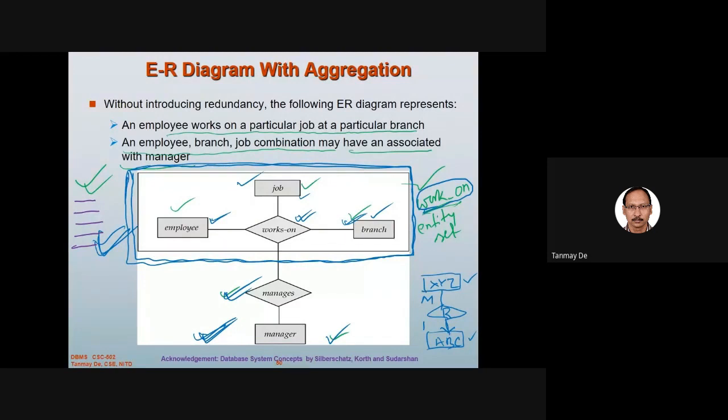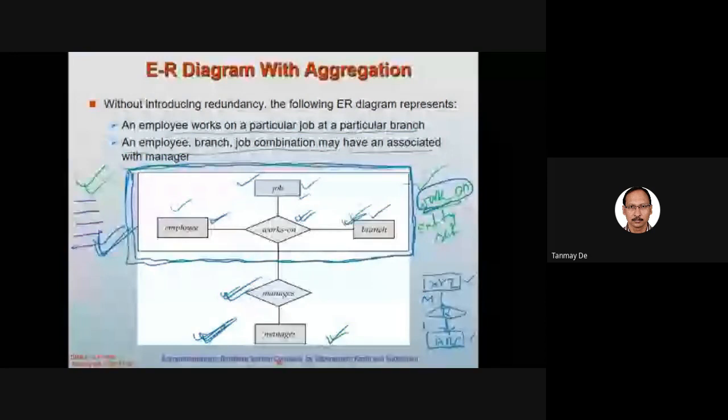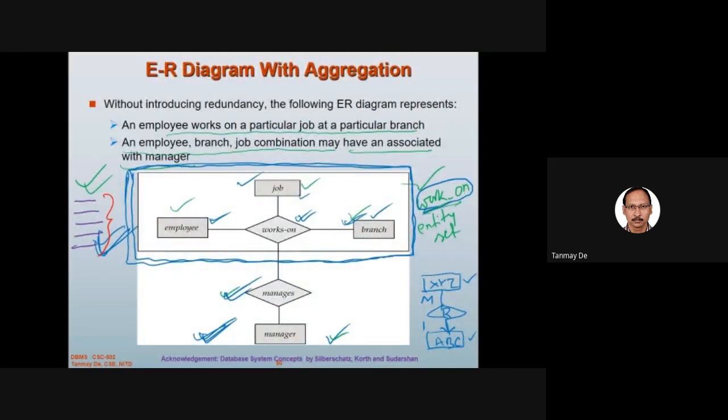Suppose among the 5 employees, these are present or associated via the work on relationship. Is that clear? Yes, sir. All of these 5 entities, that is the 5 employees, associate with the work on relationship, that is, the employee associates with the branch to do some job.